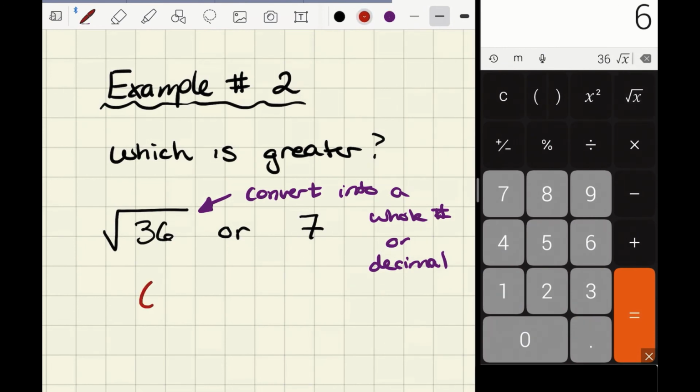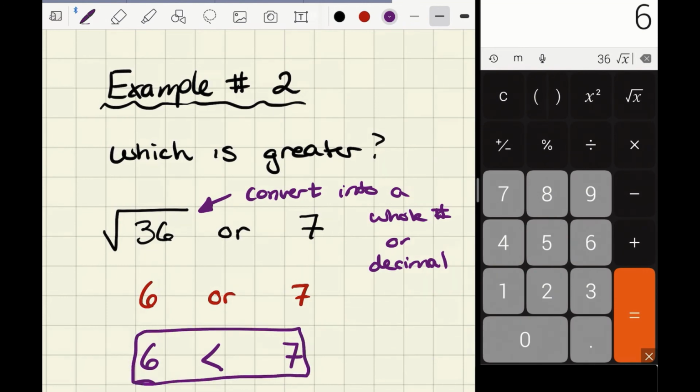So that is the same thing as 6. So which is larger, 6 or 7? Well, 7 is larger. So the answer here would be 6 is less than 7. Okay, and 7 is the larger value.